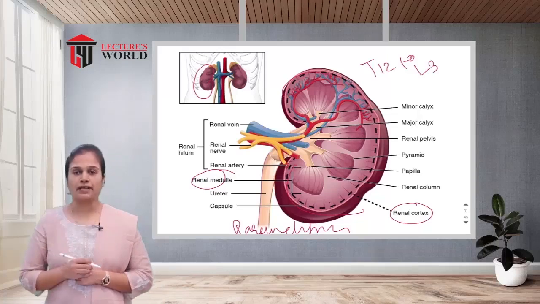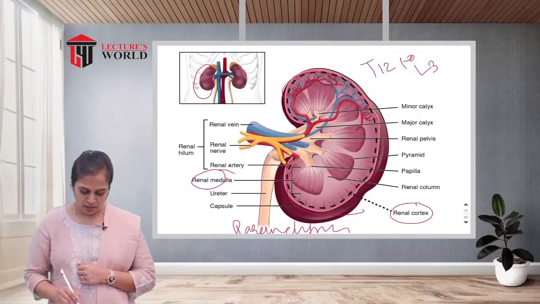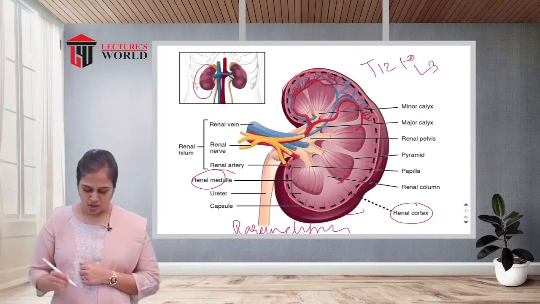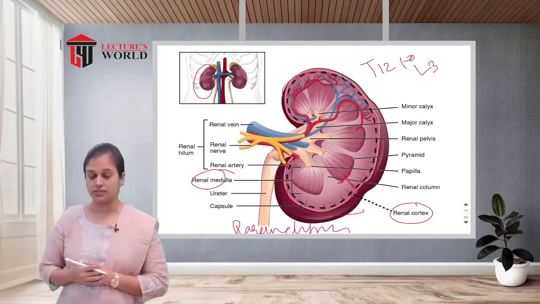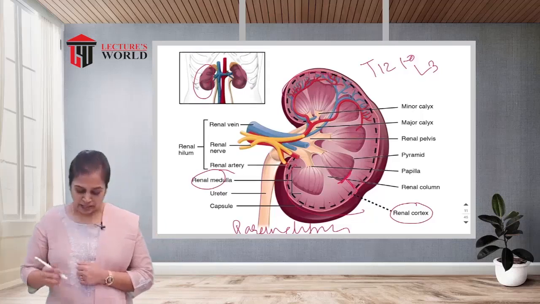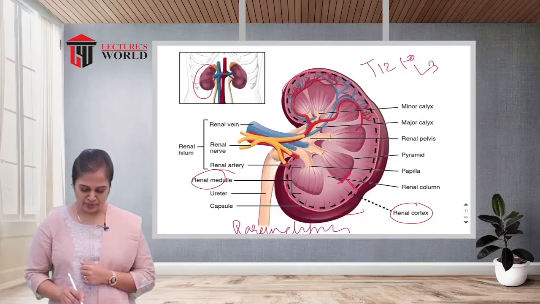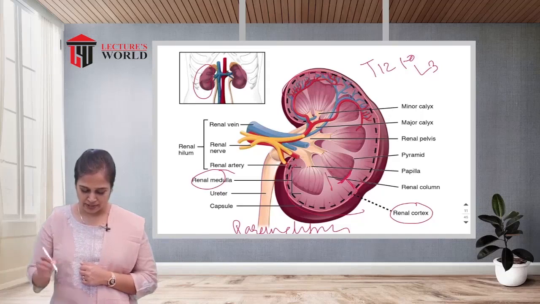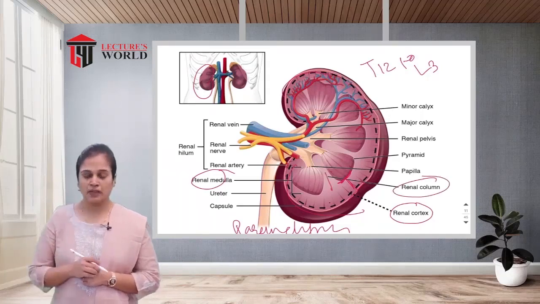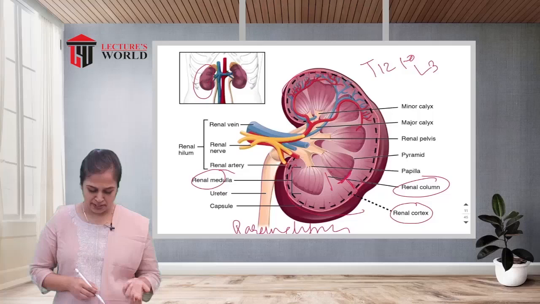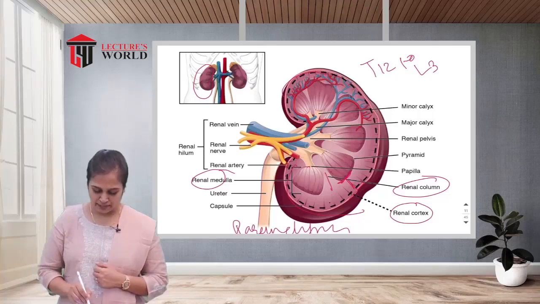The portion from the renal capsule till the base of the renal pyramid is called the renal cortex. If the renal cortex extends between two pyramids, it is called the renal column. Then the renal medulla consists of the renal pyramids.